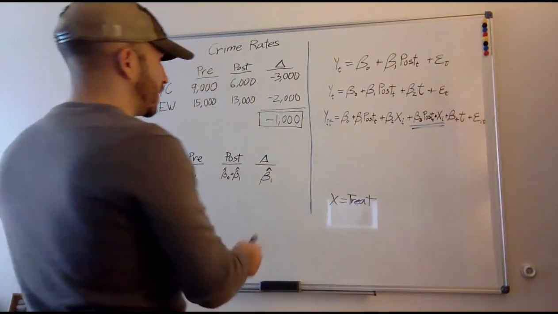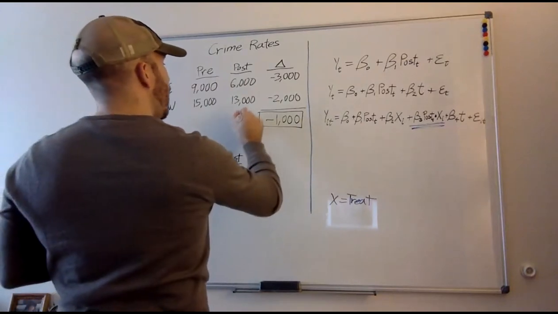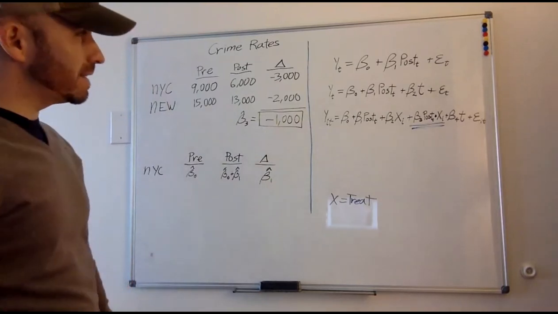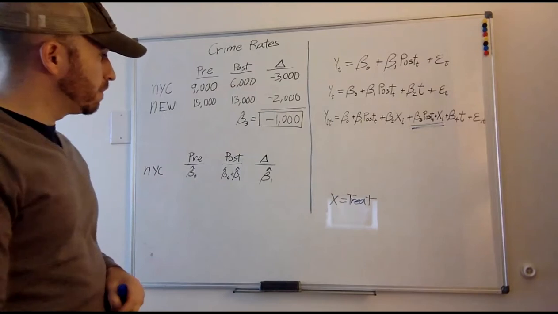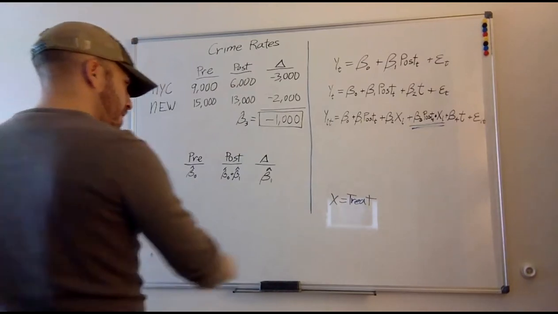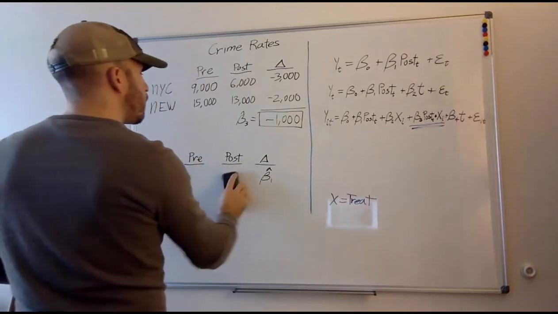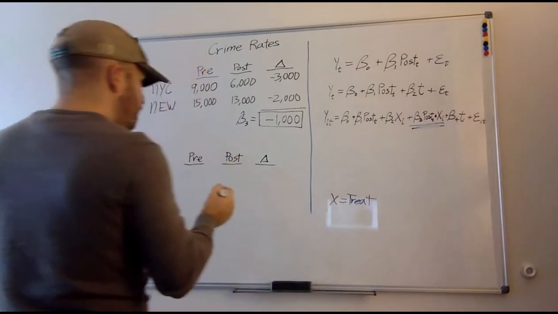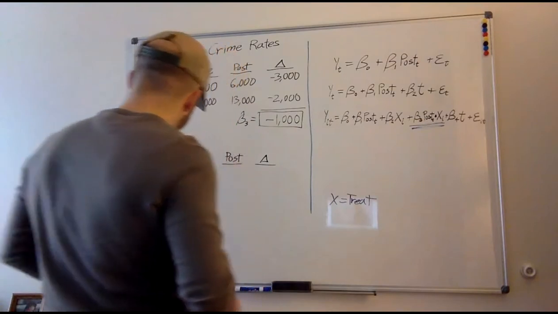But let's come back over here now and illustrate for ourselves that this is that beta 3 hat estimated, right? So doing the exact same thing, really, as we did previously.